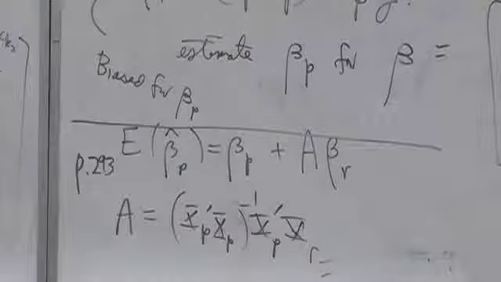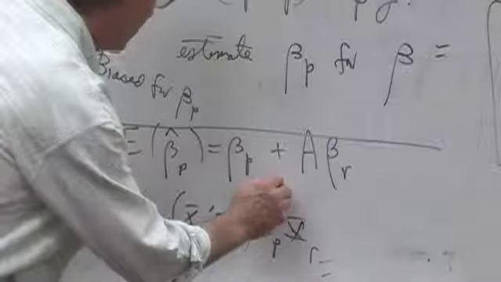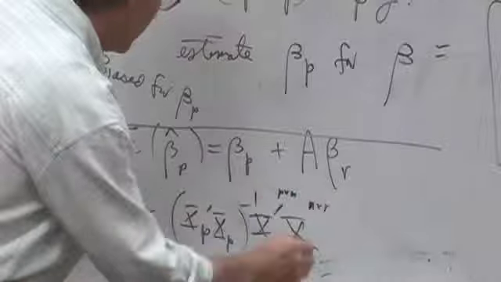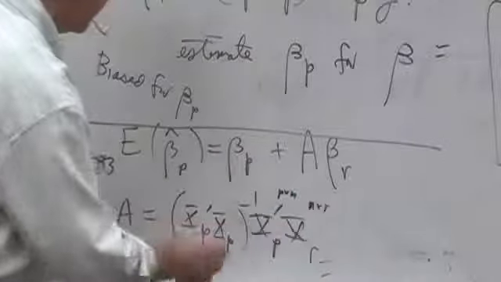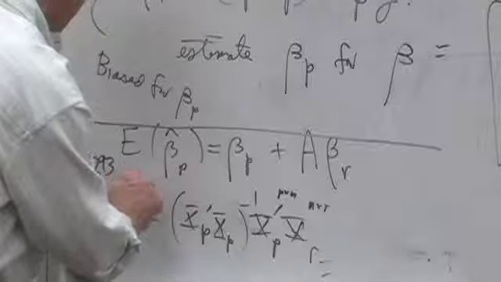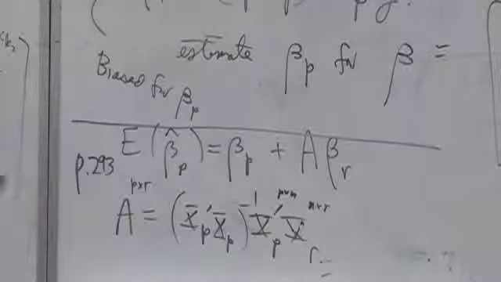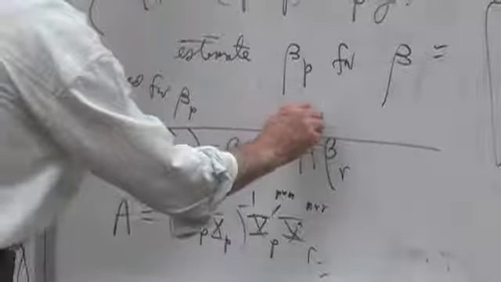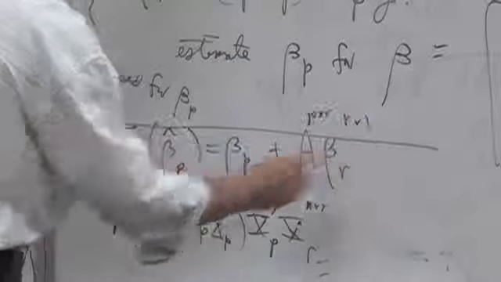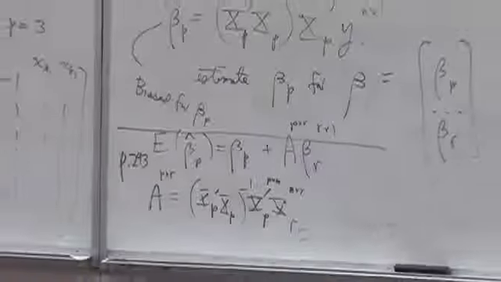And this makes sense because this is a P by N and this is an N by R, so you have a P by R matrix, and that's the alias matrix. This was R by 1, so you get a P by 1 in the end. So that's a general formula for what the expectation of beta P hat is.